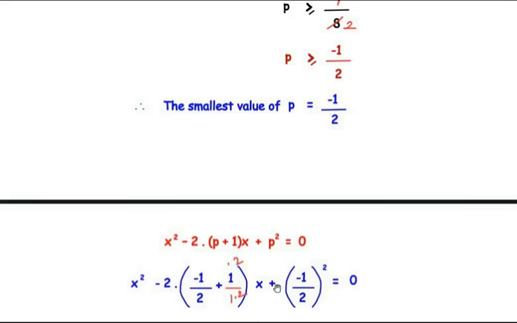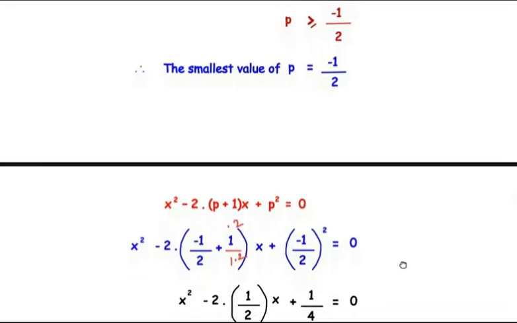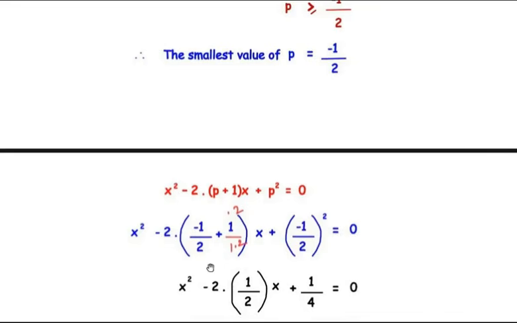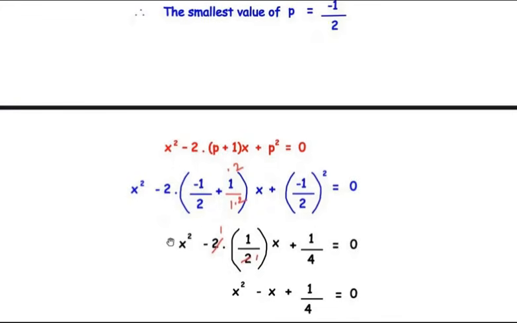So here this equation simplifies as x square minus 2 times, now here in the numerator minus 1 plus 2 gives us plus 1 over a common denominator, that is 2, times x plus, now minus 1 square becomes plus 1 and 2 square becomes 4 equal to 0. Now here 2 divides itself, that is 2 1 times is 2 and 2 1 times is 2. So this equation simplifies as x square minus 1x or just x plus 1 over 4 equal to 0.